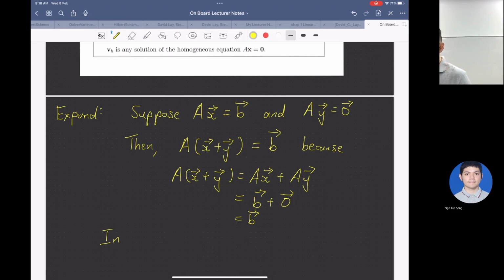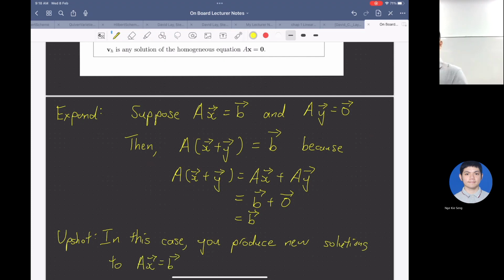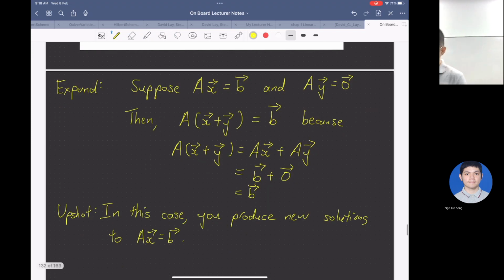So in this case, you produce a new solution to the equation.